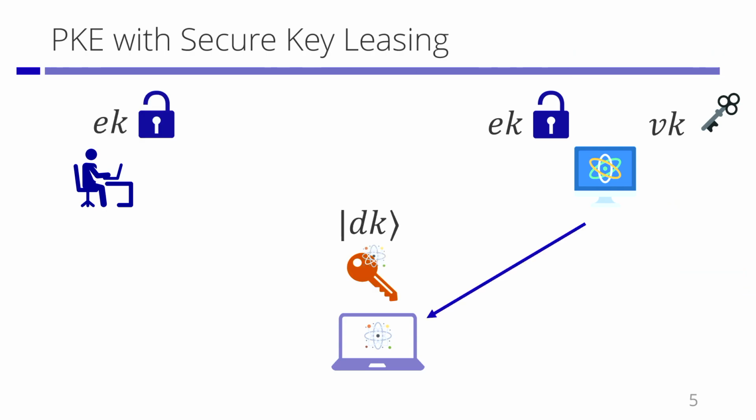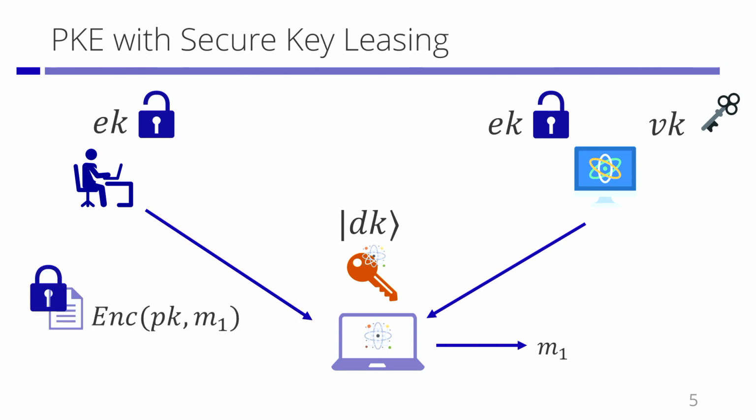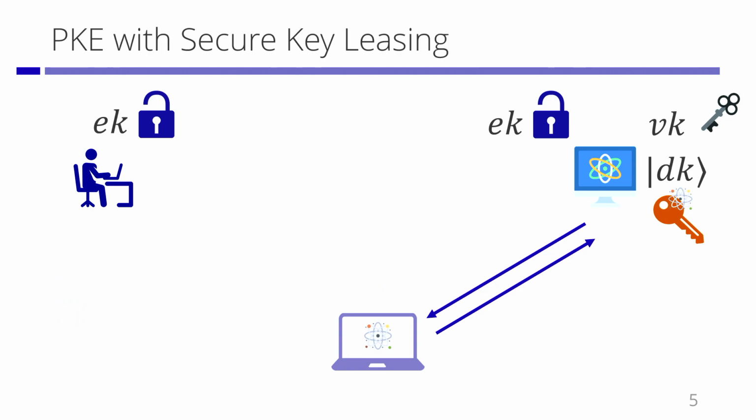Bob borrows a decryption key from Alice, and someone sends a ciphertext to Bob, and then Bob can decrypt the ciphertext. After that, at some point, Bob returns the quantum decryption key to Alice, and Alice checks whether the returned decryption key is valid or not by using the verification key.